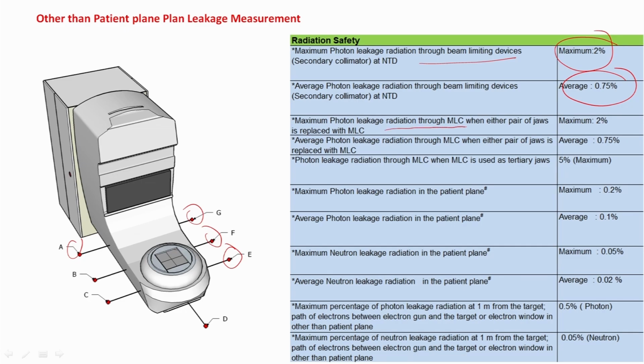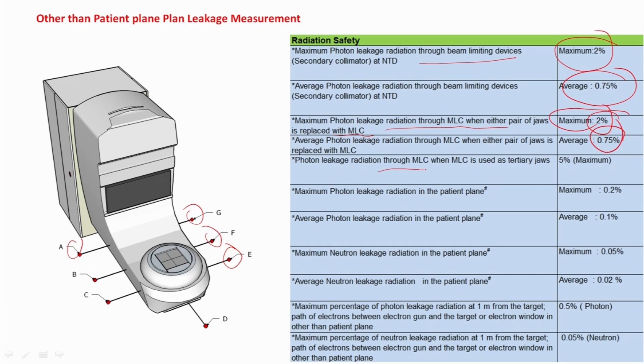Maximum photon leakage radiation applies when the jaws are replaced with MLC. In the case of Elekta machines, the secondary jaws are replaced with MLCs, so there is a combination of jaws and MLC. In that case, the tolerance limit is 2% for maximum, and average is 0.75%.